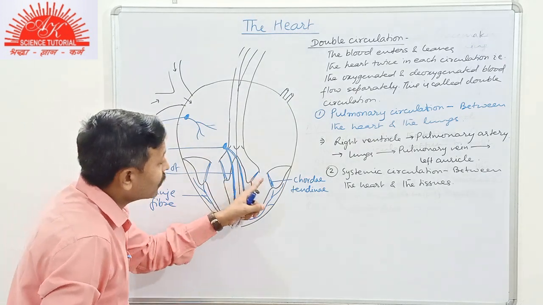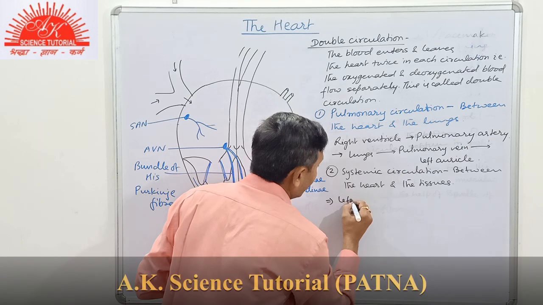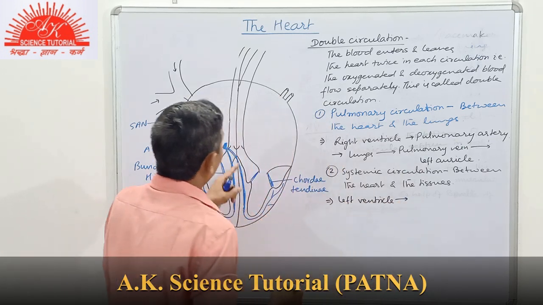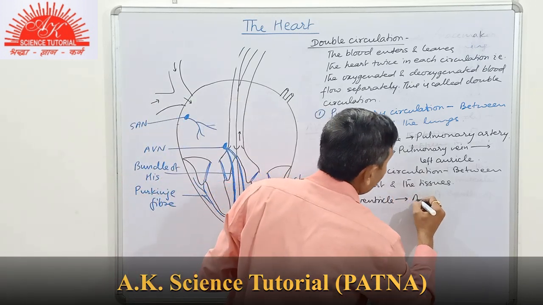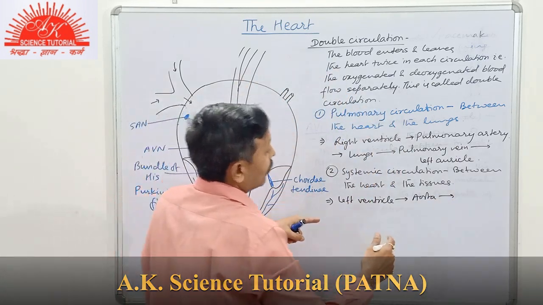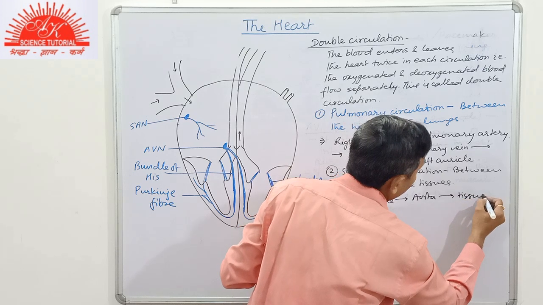It starts from the left ventricle. So you see here, from the left ventricle the blood goes to the aorta, from where through the arteries it enters the tissues, that is the organs.